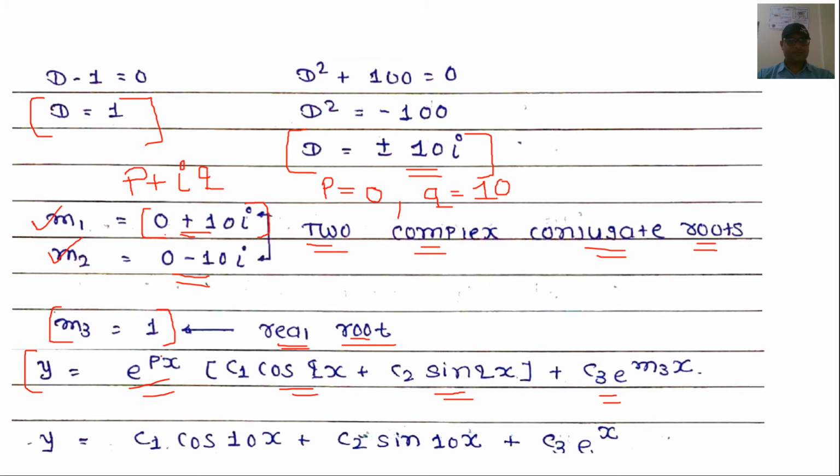No need to write m4 because there is no m4. Putting the values of p and q in the solution, finally you will get y is equal to c1 cos 10x plus c2 sin 10x plus c3 e raised to x. Now this is the general solution of the given differential equation.